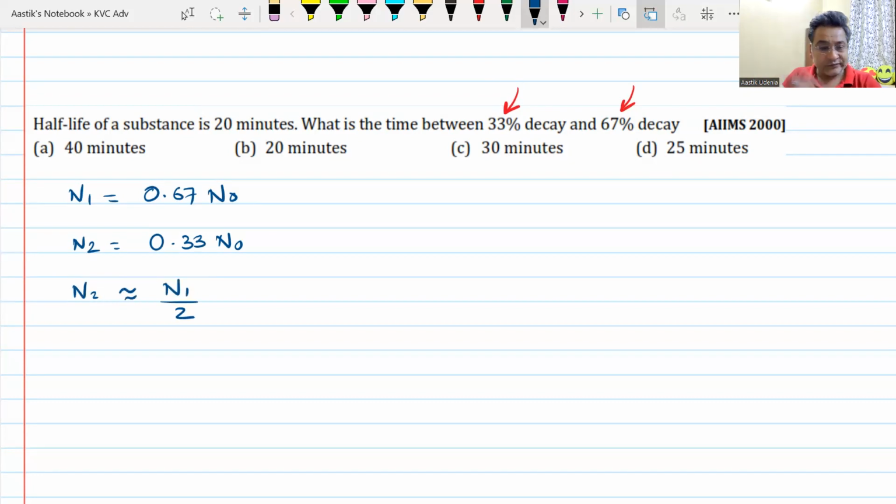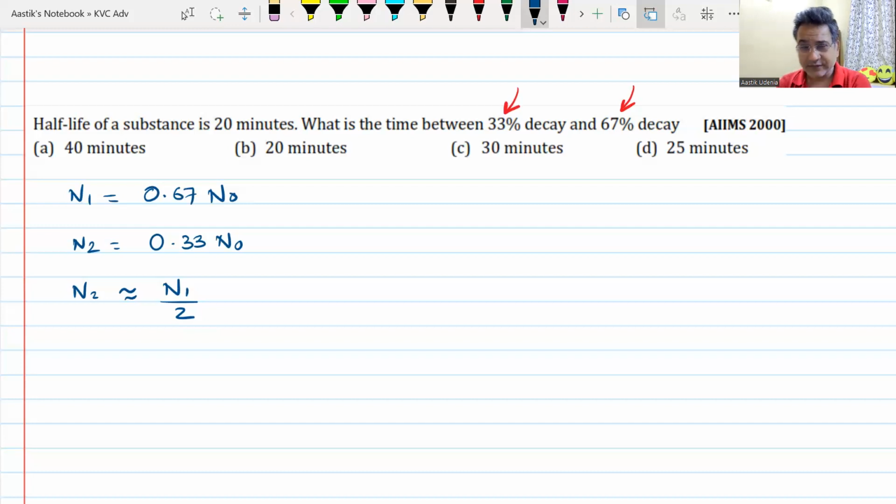Yes or no? This N2, the number of nuclei left after 67% of decay, is approximately equal to N1 by 2. You can think of it this way: I started with N1 number of nuclei, and now the number of nuclei is N1 by 2.